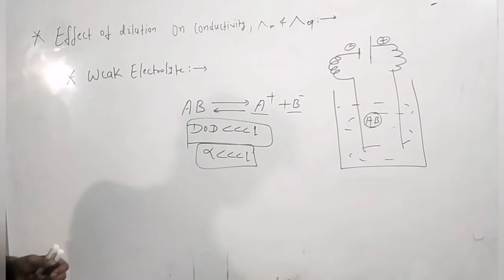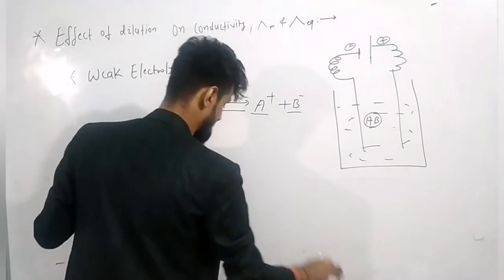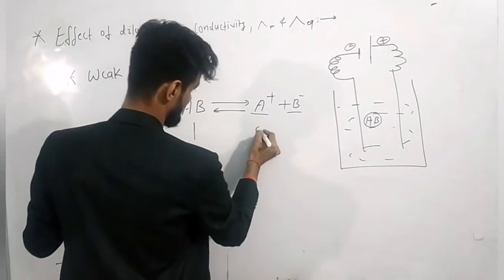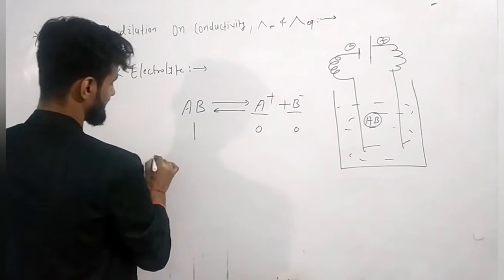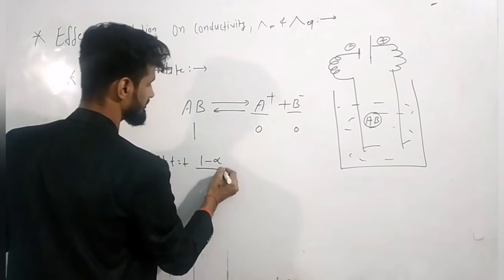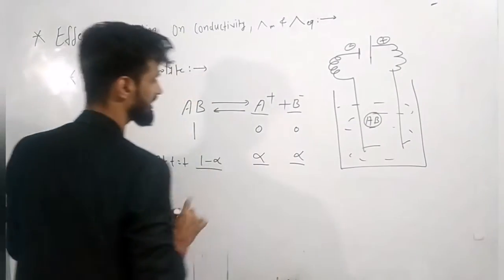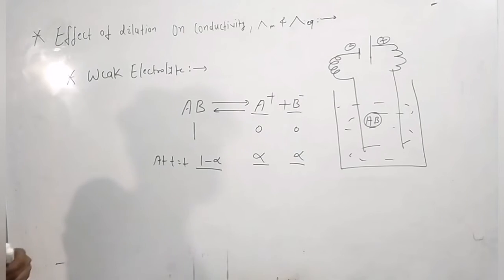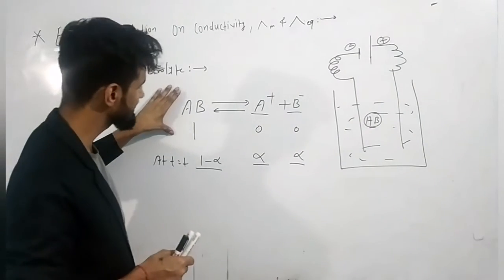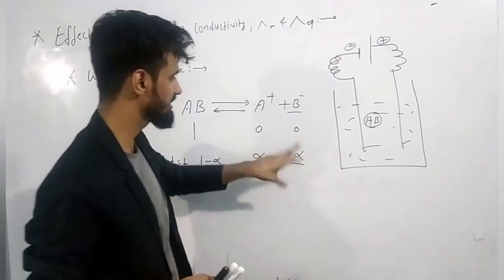It's not 100% dissociable. Initially the number of moles is 1, 0 and 0. At any time t, it is going to be 1 minus alpha mole of AB. So alpha moles of A plus will form and alpha moles of B minus will form, because according to stoichiometry, if the number of moles of AB is 1, then the number of A plus is alpha and the number of B minus is alpha.